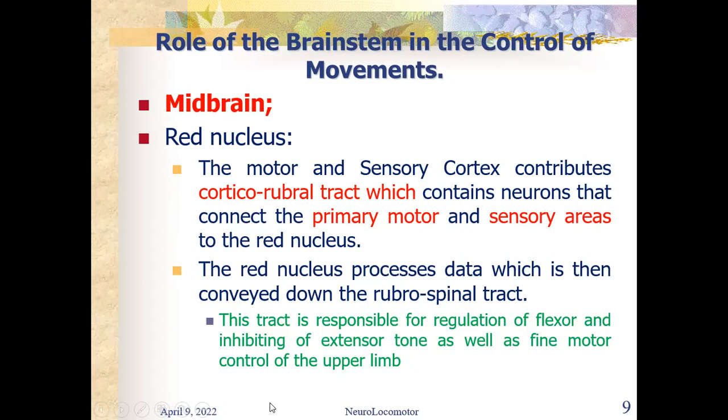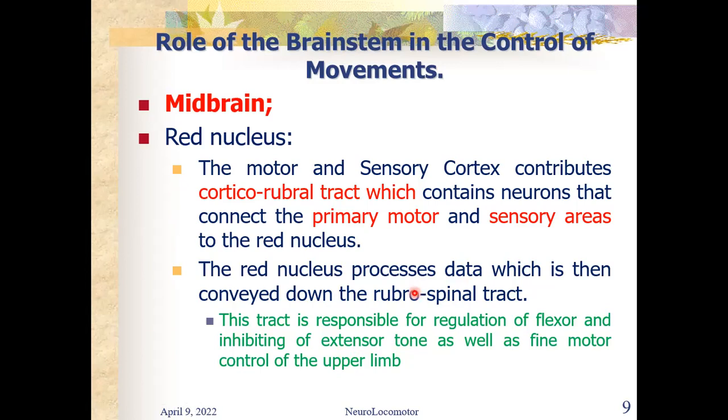So we have the corticorubral tract from the motor cortex to the red nucleus, and from the red nucleus it descends as the rubrospinal tract. It also descends as the corticospinal tract.